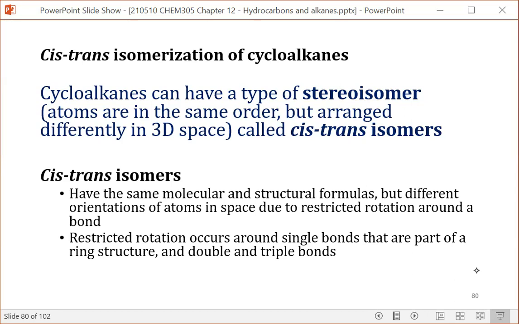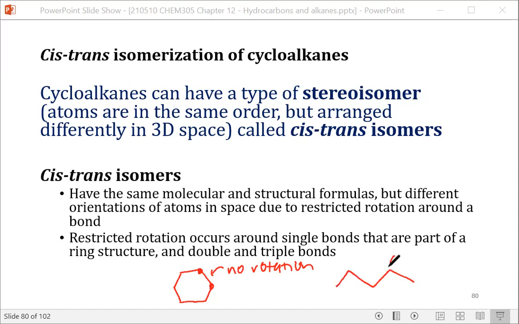But cis-trans isomers for cycloalkanes, even though we have single carbon-carbon bonds, the carbon-carbon bonds can't rotate because they're locked into place from the ring structure, versus a carbon-carbon single bond here that can rotate. It's not locked into place.